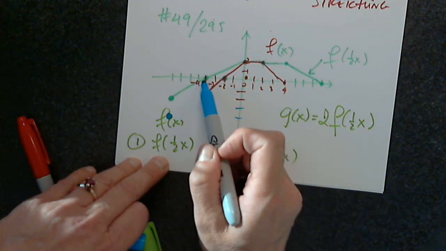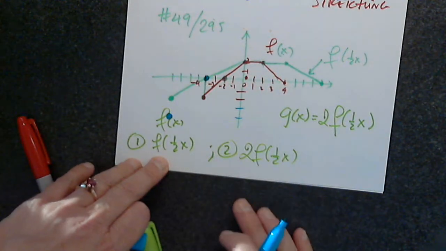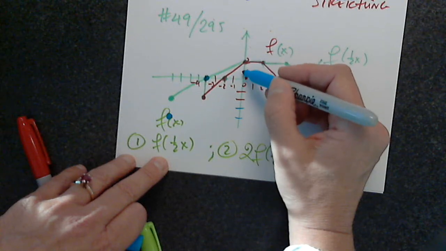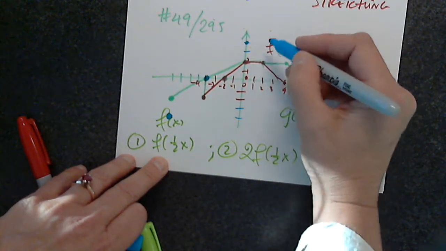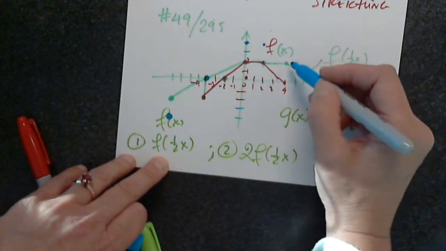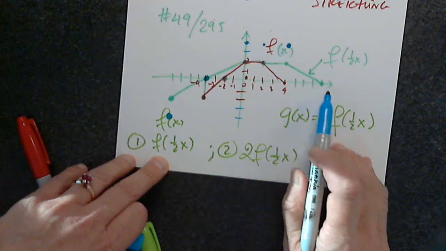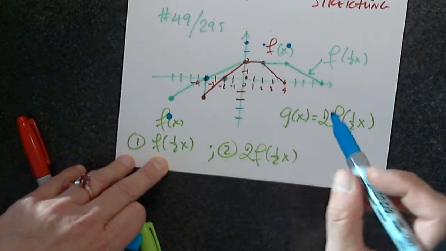Where does it go? 0. Exactly. Stays where it is. This point has the y value 2. Where does it go? Excellent. This one has y 0, where does it go? 0. Excellent.